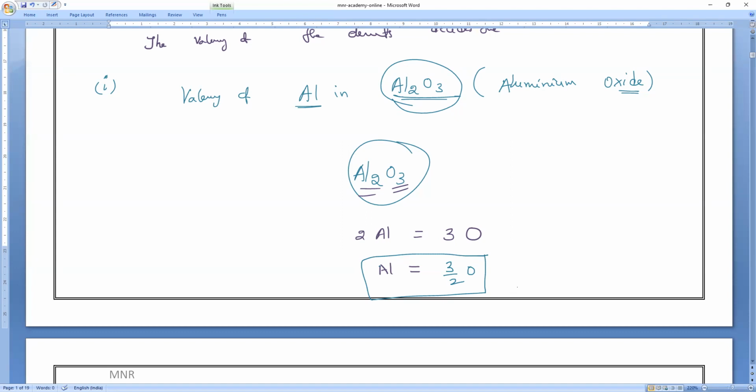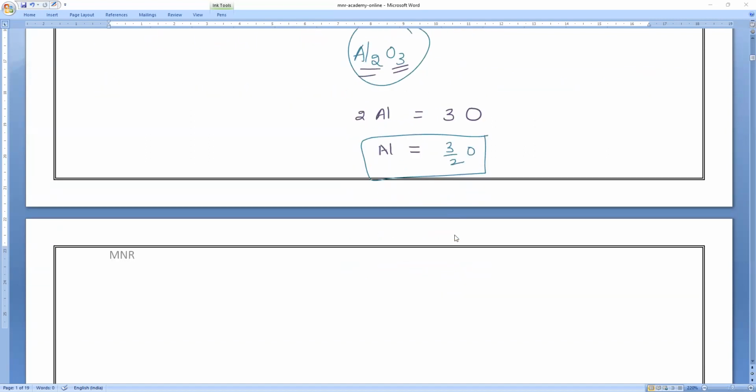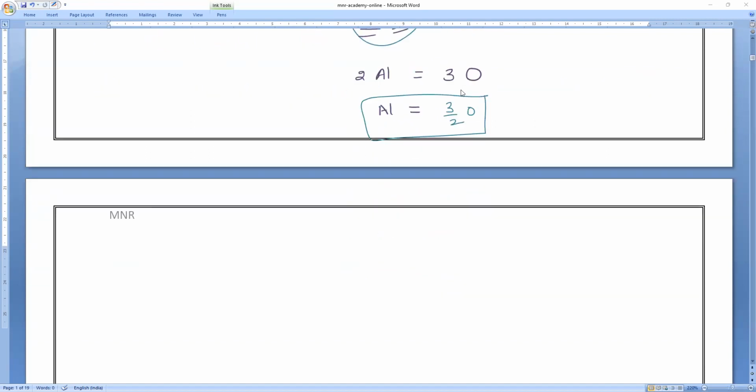And if you check the valency like that, totally how many aluminium atoms are reacting? One aluminium atom, 3 by 2 oxygen. Now totally how many aluminium atoms are reacting?